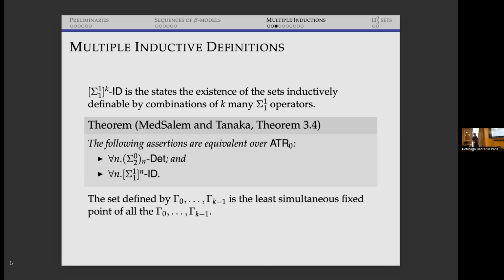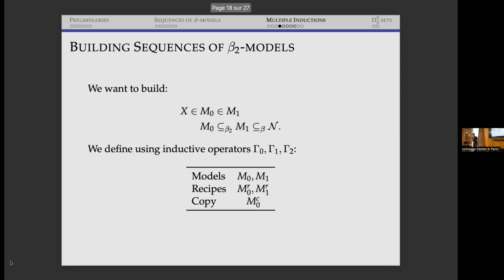So, okay, we're now going to try to think of some operators that we can use to make the synthesis. We're not going to completely prove it, just sketch the idea for creating the sequence of just two models, because it's uniform to go the whole way. You want to make sure that M0 and M1 are beta models of the ground model.